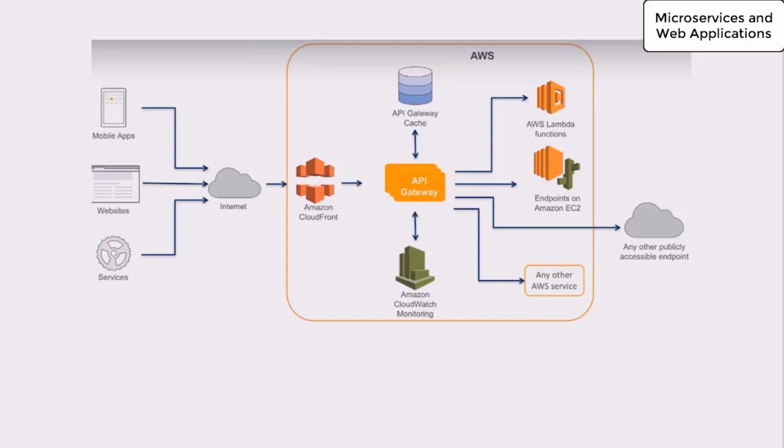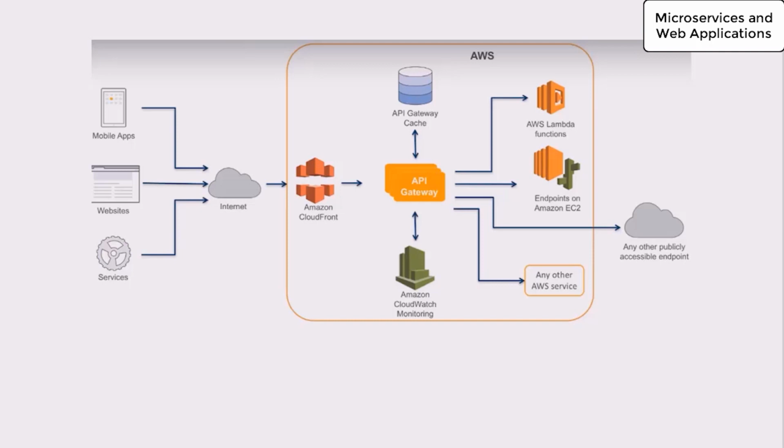If you see the API call flow of the Amazon web application, from mobile applications, websites or any other services, the request is coming to CloudFront. So this is how API Gateway works. When you configure the API Gateway, you'll get multiple options. One of them is from where you want to get the request. Usually you can select CloudFront.